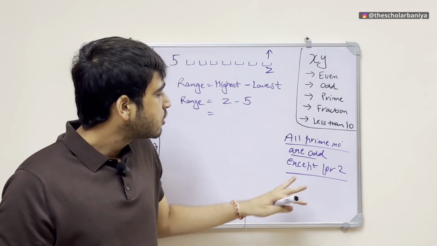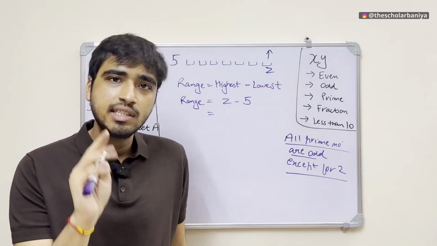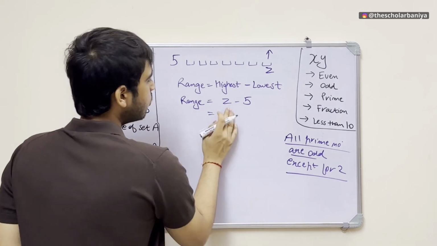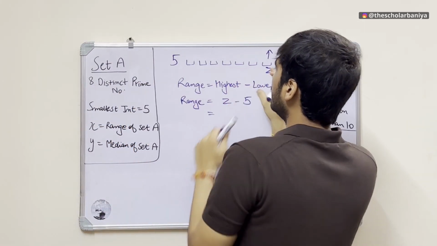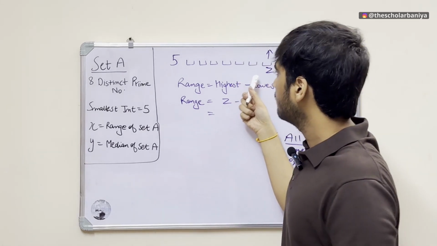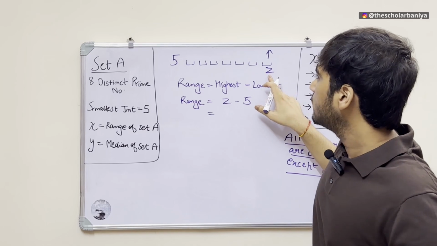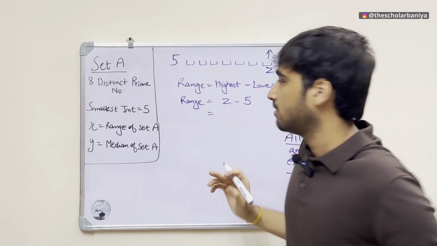So all the prime numbers are odd except for 2, because 2 is the only even prime number. We know Z is a prime number because these are 8 distinct prime numbers, so obviously Z, the largest, will also be a prime number.